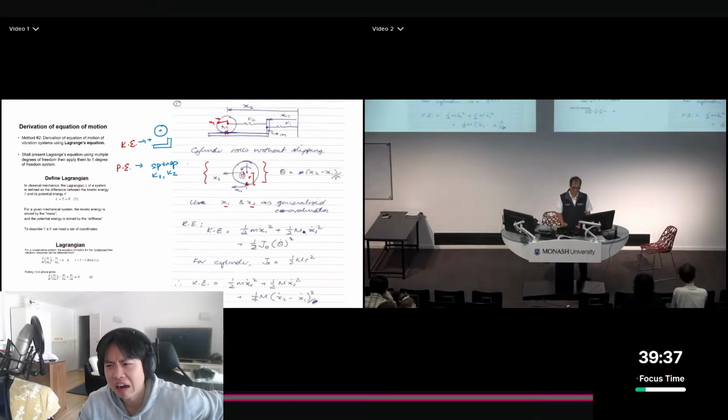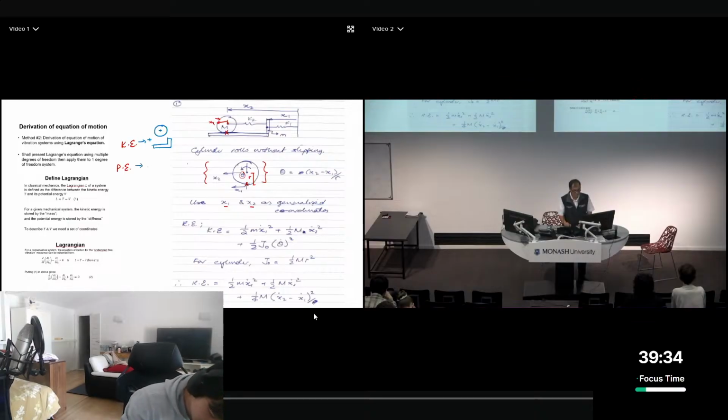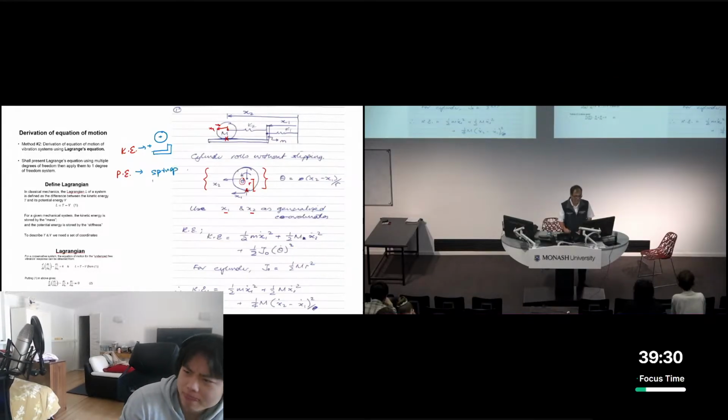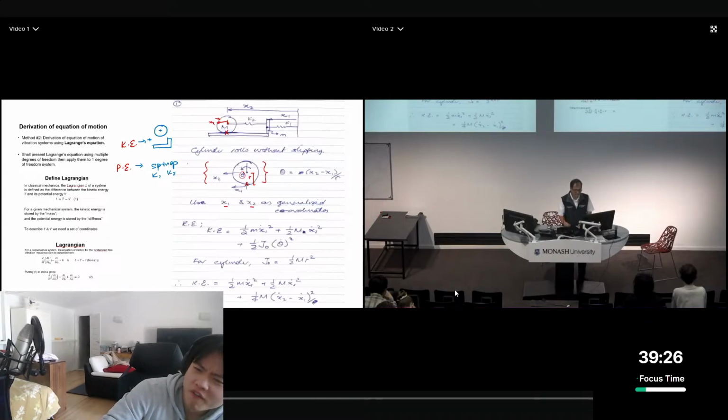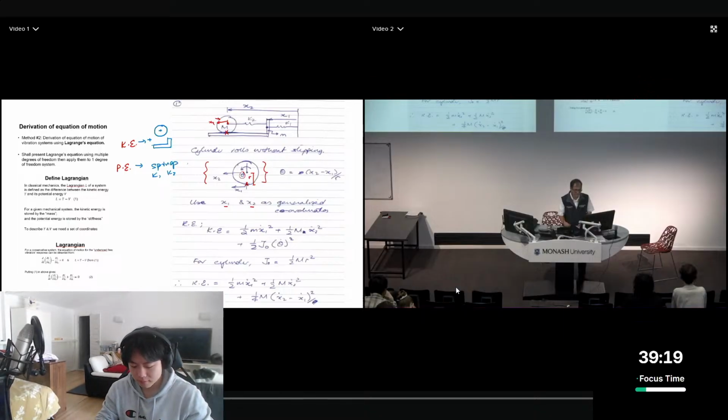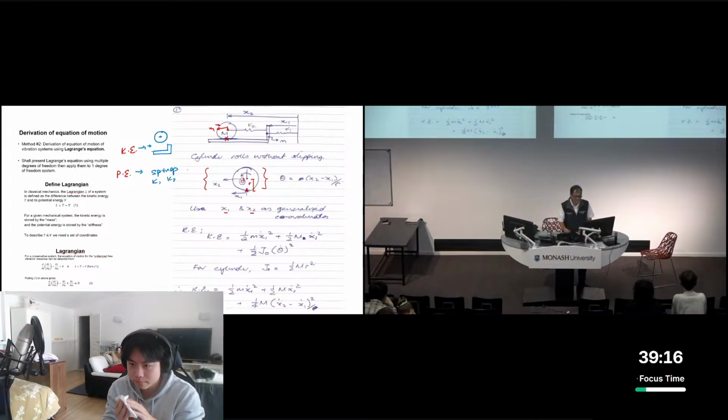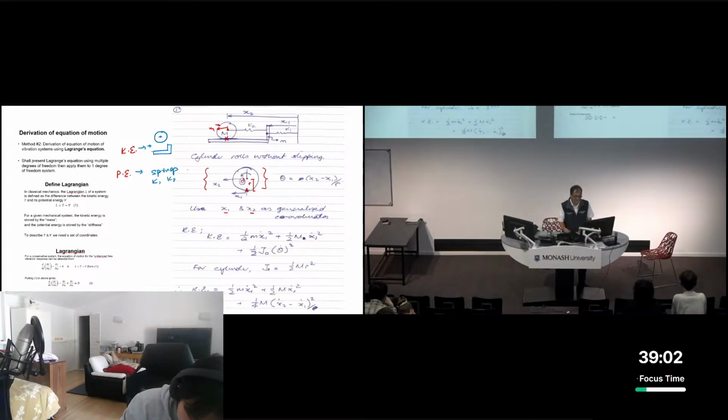Okay, and the potential energy will only be stored by our springs, in this case K1 and K2.